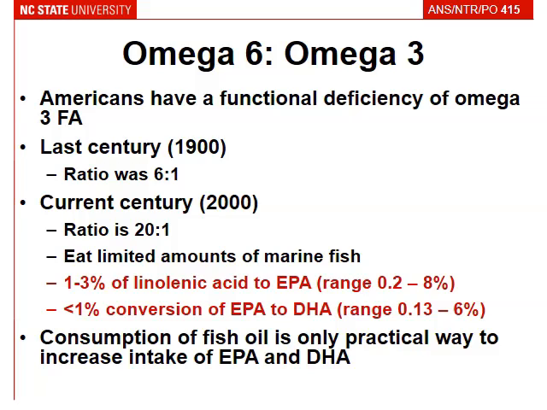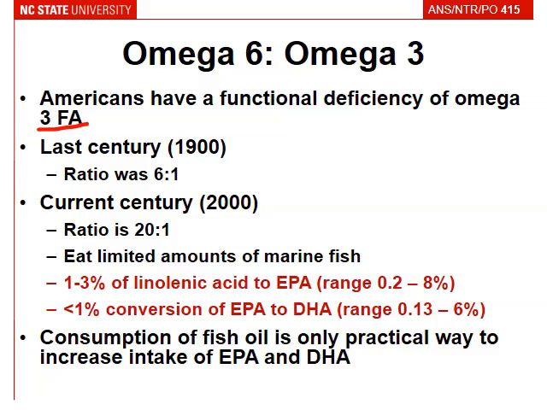If you look at this ratio, Americans have a functional deficiency in omega-3 fatty acids. Last century, in the early 1900s, the ratio was 6:1, so for every 6 grams of omega-6, we had 1 gram of omega-3.